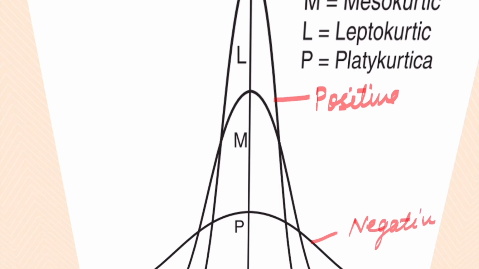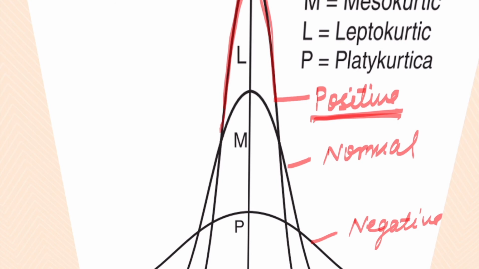We sometimes also call this kurtosis a positive one, and we call this one a negative kurtosis. And this one is obviously our normal curve. So how do you define the positive one? When the tails of the distribution are heavier, thicker, but the center of the distribution is thinner, in comparison to the normal distribution, then the kurtosis is positive kurtosis.